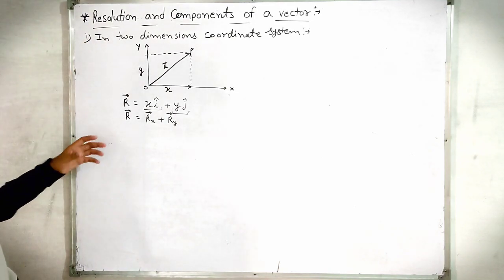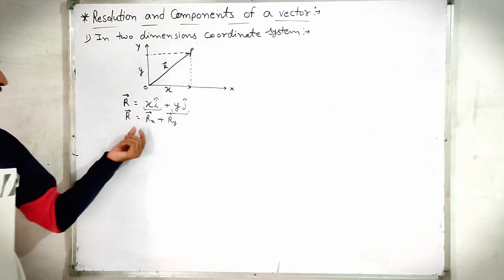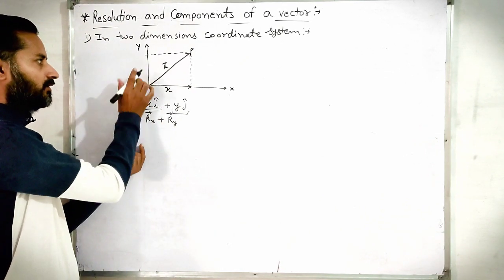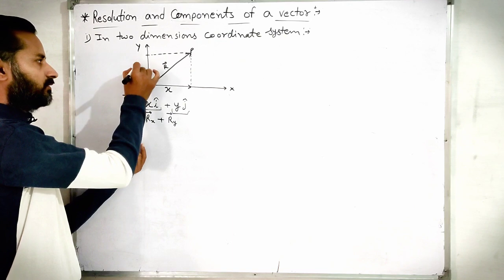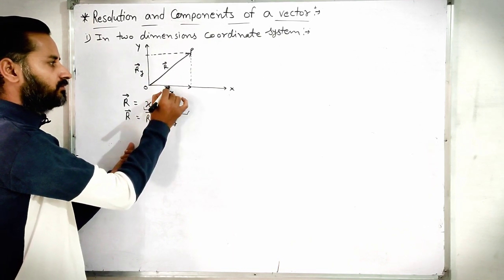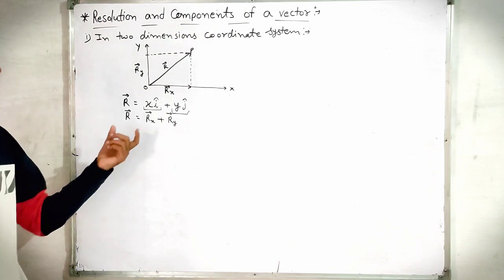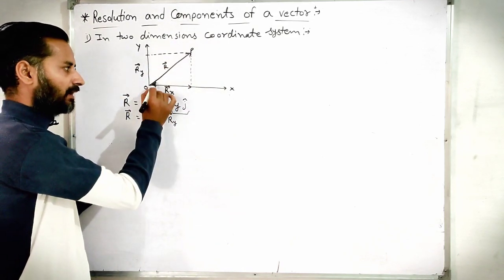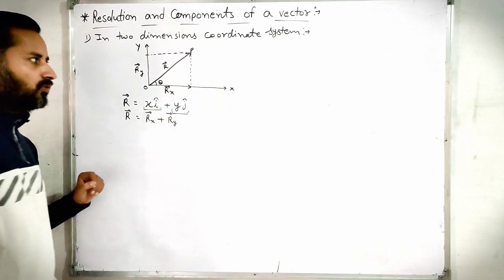And if we want to find these values, let this be the r_y vector and this the r_x vector. For finding this value, let our vector OP make angle theta with axis OX.